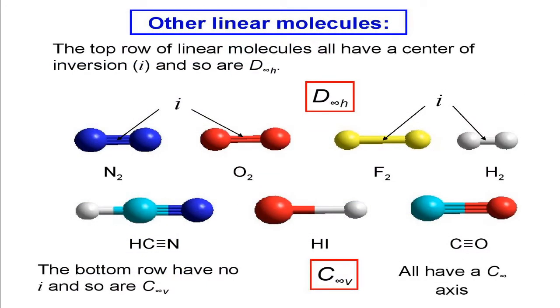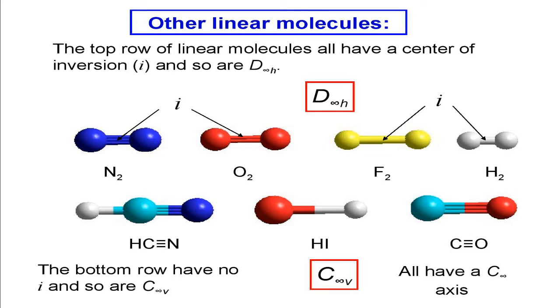Other linear molecules, we can see these are symmetric linear molecules. For example, nitrogen, oxygen, fluorine, hydrogen, all these molecules possess I, and they are all symmetric linear molecules. Hence, the point group of the molecule is D infinity h. Then move to the next one, unsymmetrical linear molecules. Examples: HCN, HI, carbon monoxide.